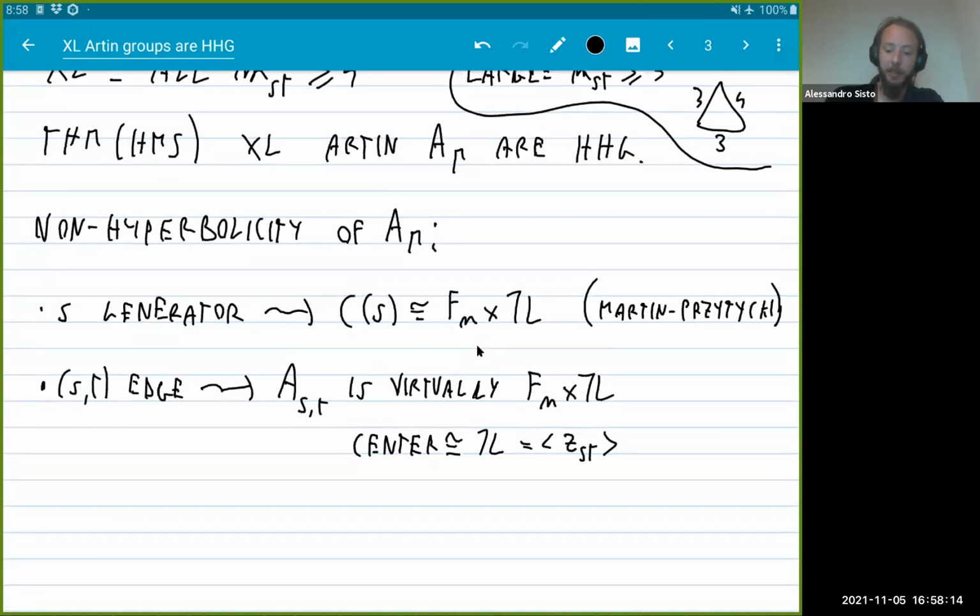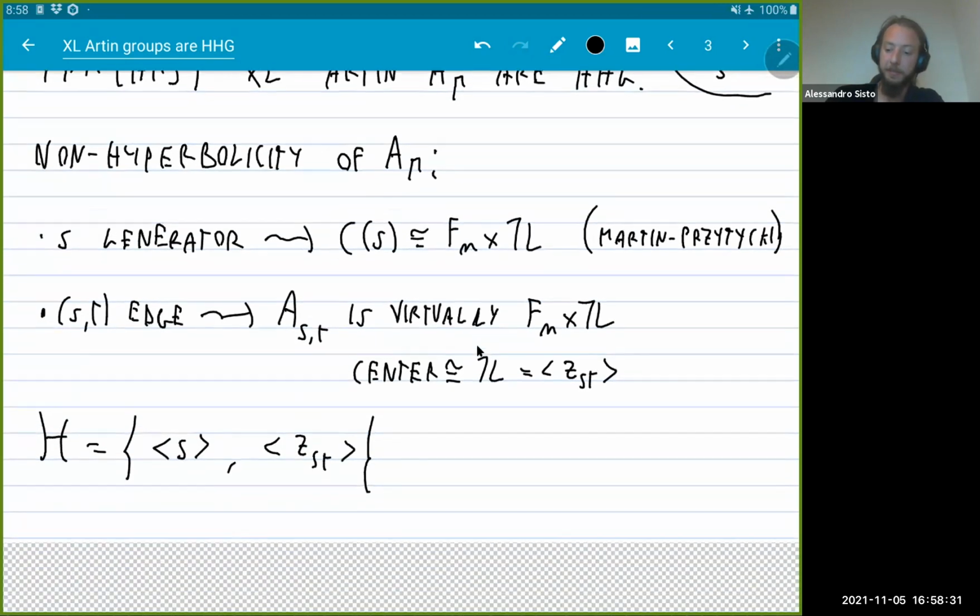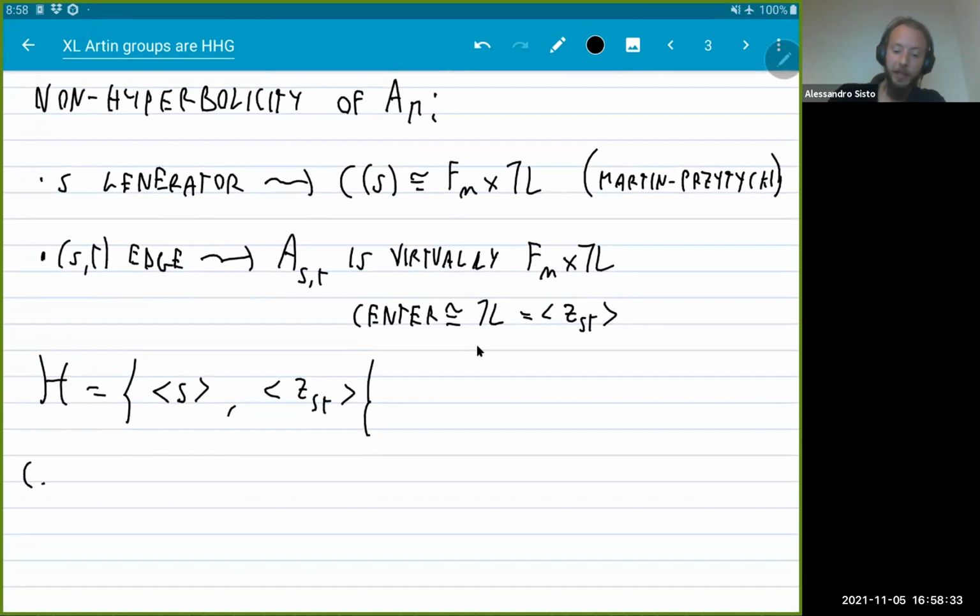And yes, you can phrase it a bit differently, in more algebraic terms. So you can consider all the subgroups generated by standard generators and by these particular central elements, and make what makes sense to call the commutation graph.